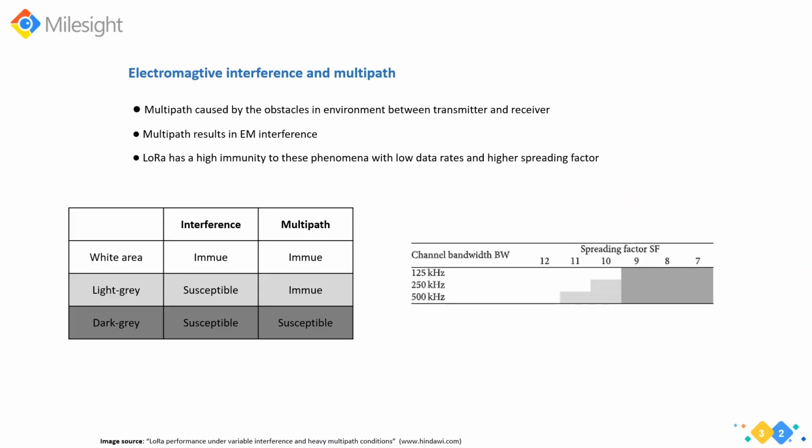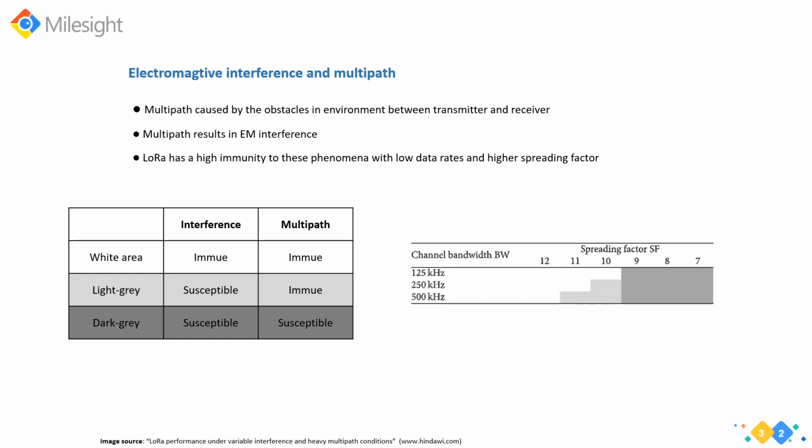And in a typical wireless environment, there is not a direct line of sight path between the transmitter and the receiver. In fact, the radio wave from the transmitter will take different paths to reach the receiver. It depends on the obstacles in the environment, on the barriers in the environment.